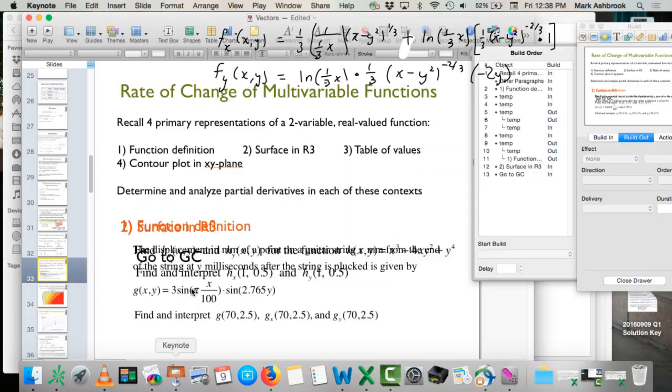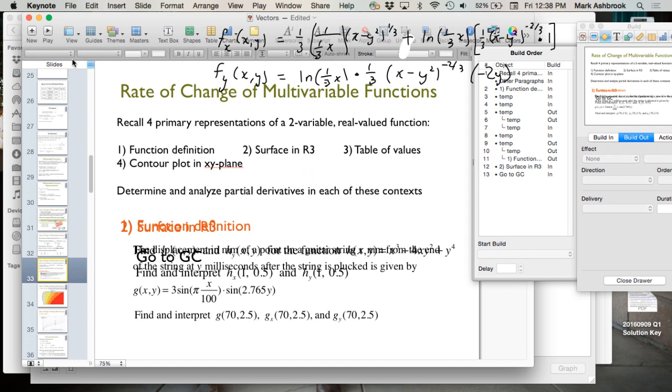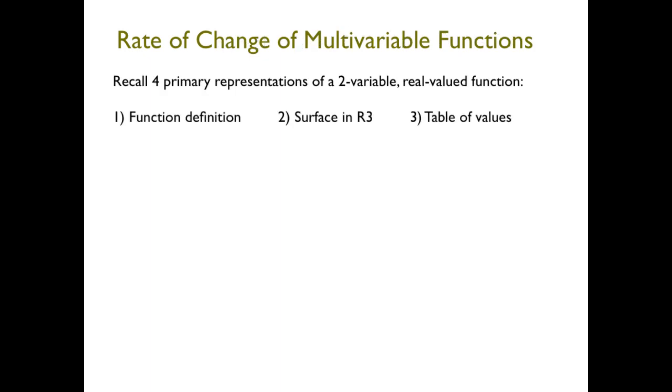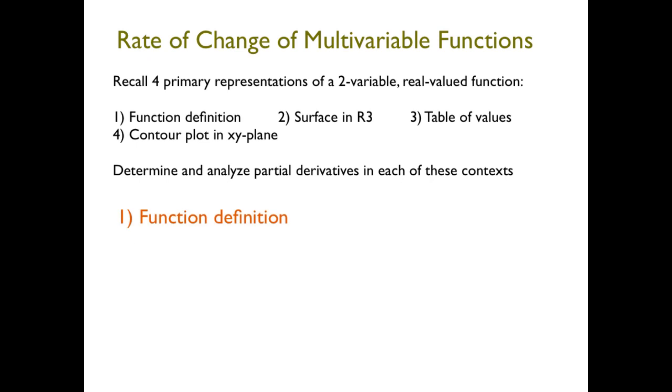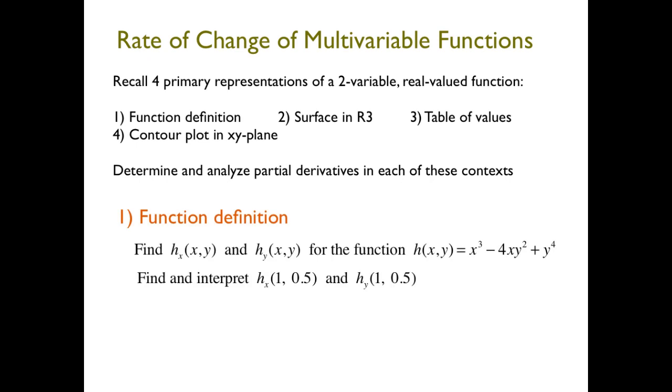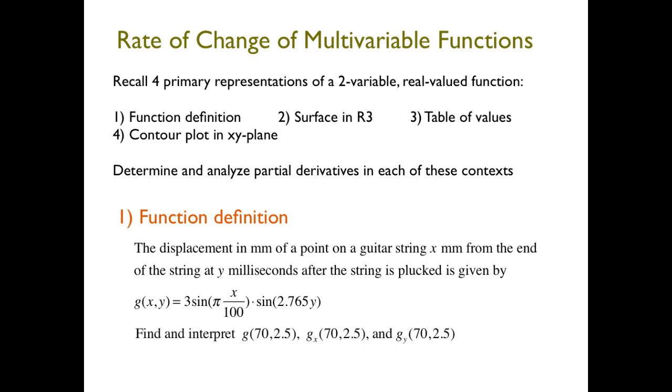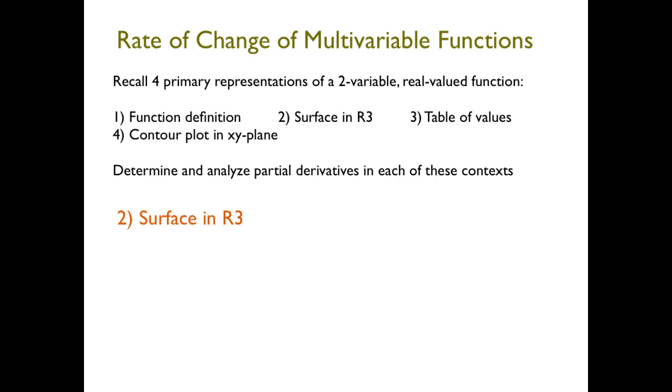All right, so next. We've talked about the algebra, the partial derivatives when they come to function definitions. And we've talked about them on surfaces. So what else is there here? We did surfaces.